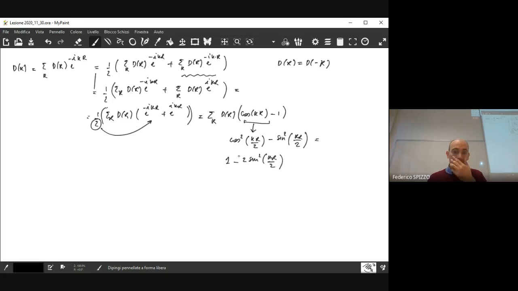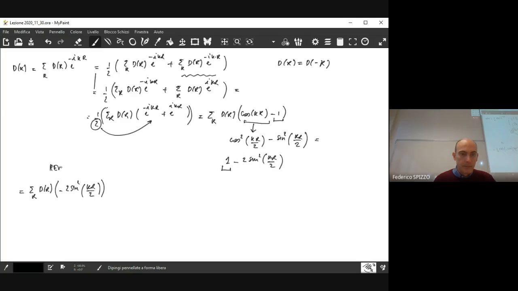And considering the fact that you have also a minus 1 here, then this plus 1 here and this minus 1 here disappear. So the final point is that this is equal to summation over R of D of R that multiplies minus 2 sine square of kr divided by 2. And this is for sure real.